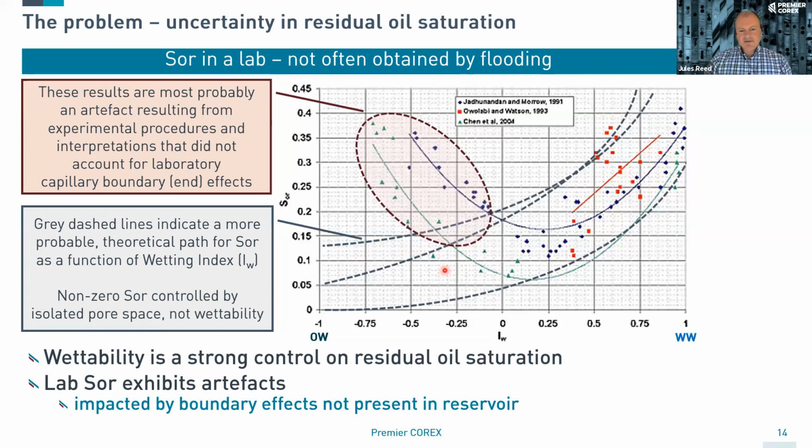So effectively, this is possibly what is happening anyway. However, in the field, we won't have the same boundary effects. The boundary effects in the field that we observe in the lab are close to zero.